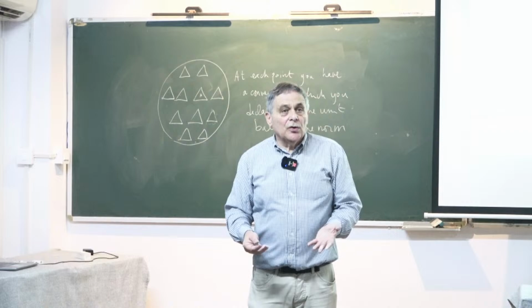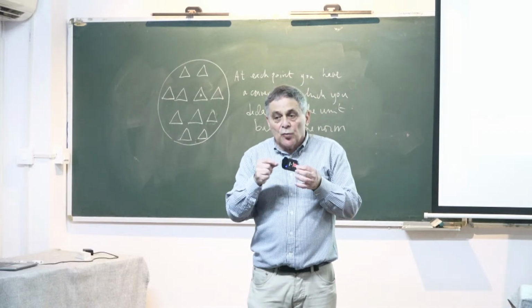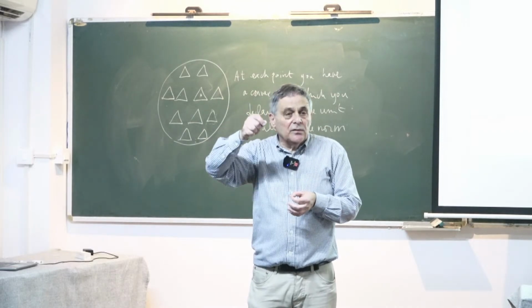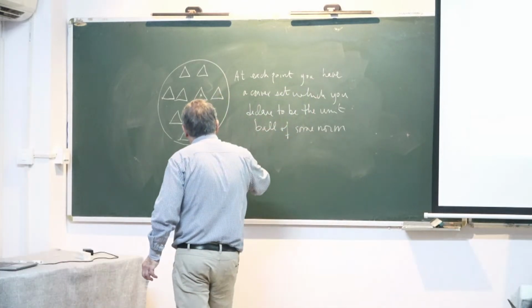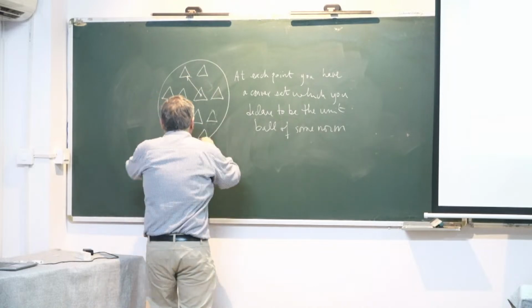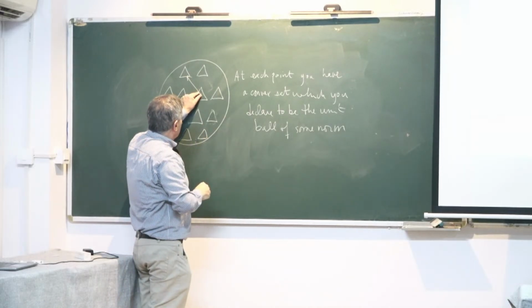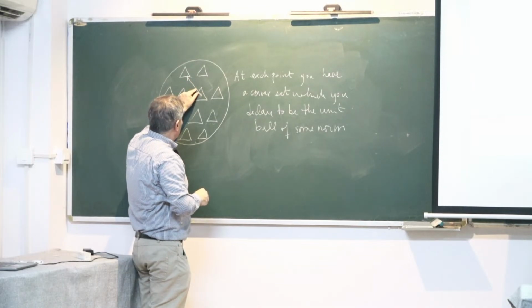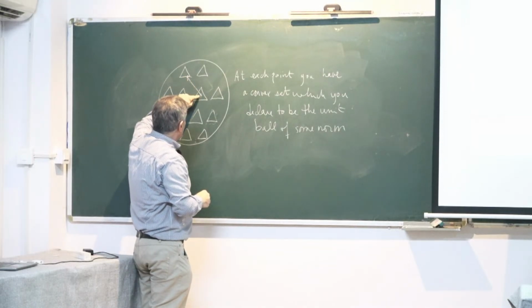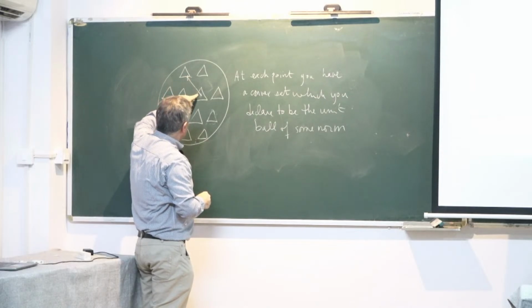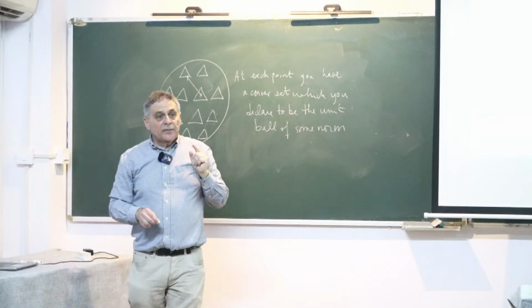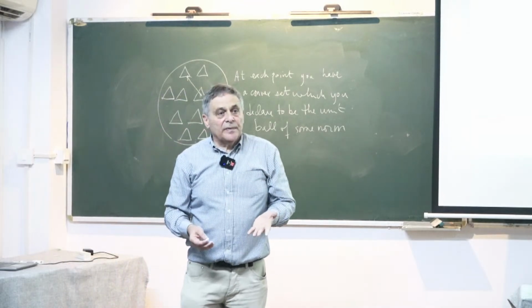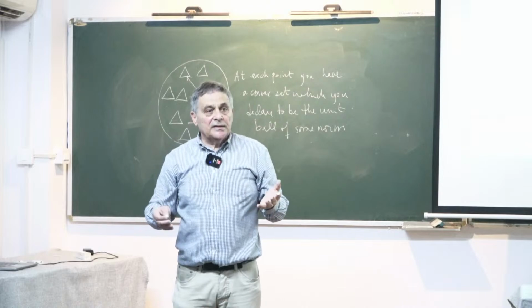Since I know what are the vectors of norm 1, for any vector, if I have a vector which is very long, I can see how many of these intervals fit, maybe a fraction of it, and I can measure its length. The unit ball of a norm permits me to say what is the length of any vector.